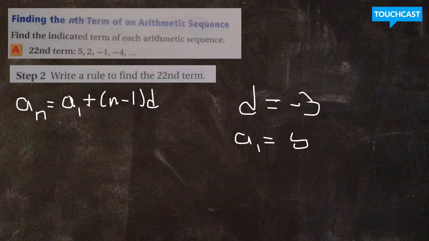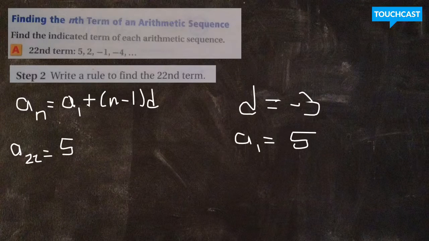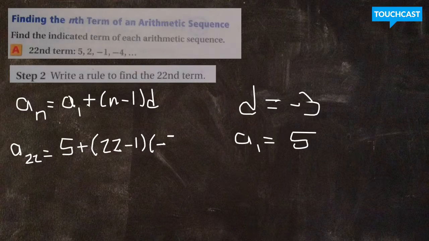So for this problem, that's 5. So we need to write a rule for the 22nd term, or a sub 22. That's just going to be our first term 5 plus, in parentheses, 22 minus 1 times -3, our common difference.